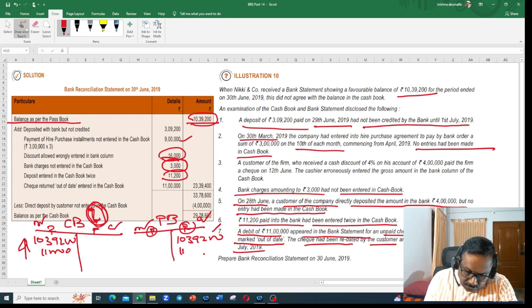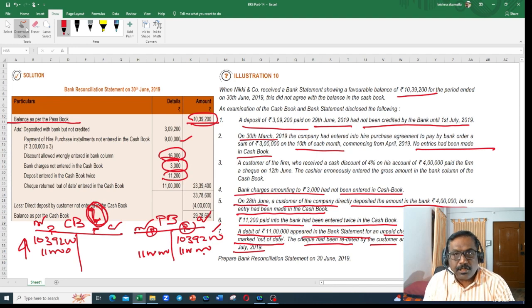The bank also entered it as a receipt in their passbook, but later the bank understood that this 11 lakhs check is outdated, so immediately they debited 11 lakhs. Then they informed the customer and returned this check, saying that this 11 lakhs check is outdated and you have to reissue a new check.